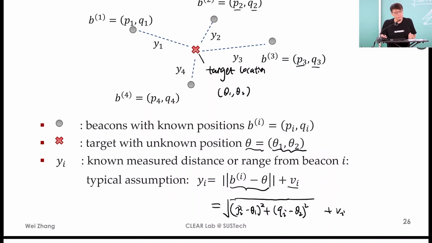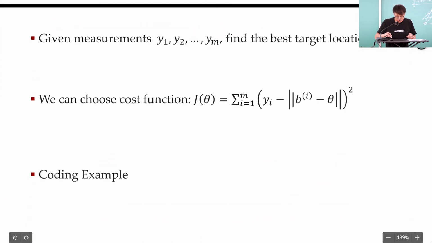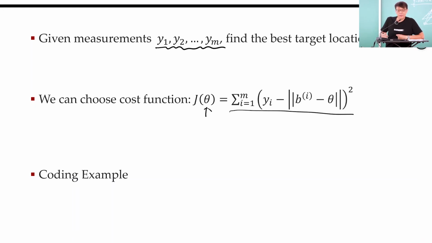So what should we do? We still form the cost function, the same as before. Given a few measurements, finding the best target location can be formulated as a least square problem. So we just need to choose theta to minimize this. Does this make sense to you? What are we trying to minimize? This is my model for the ith measurement.